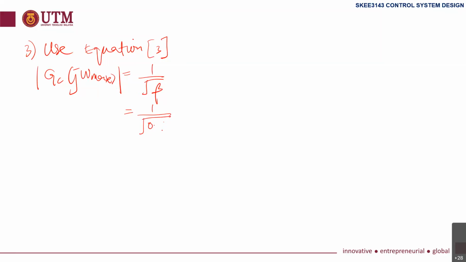Beta 0.42, it is 1 over 1.5430, and normally we want it in dB. So we get the magnitude of Gc(j omega max) in dB: 20 log of this, which is 3.77 dB.